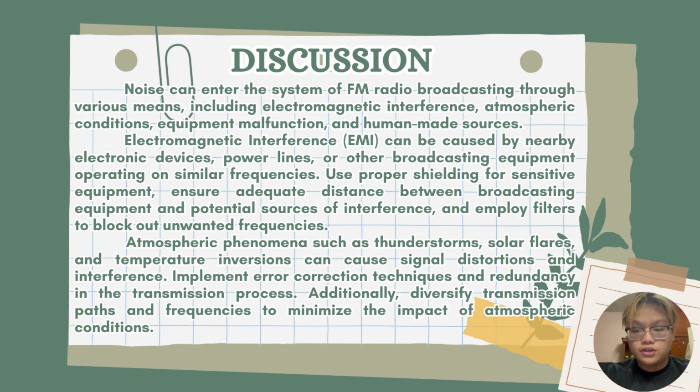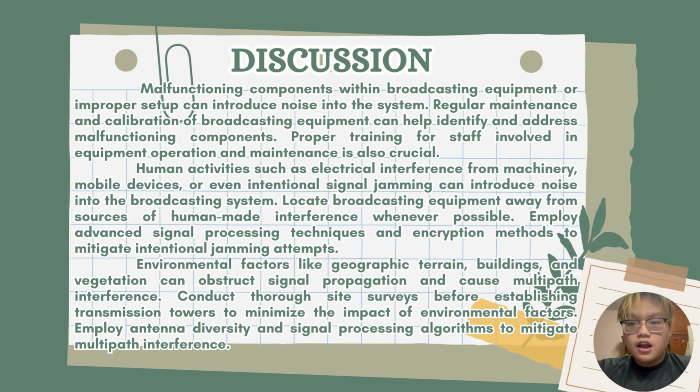Another is atmospheric phenomena such as thunderstorms, solar flares, and temperature inversion, which can cause signal distortion and interference. The solution is to implement error correction techniques and redundancy in the transmission process. Additionally, diversify transmission paths and frequencies to minimize the impact of atmospheric conditions.